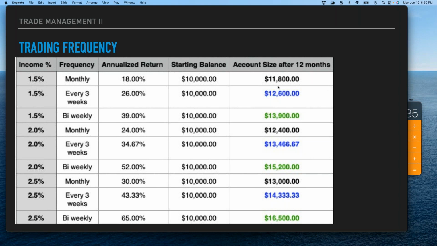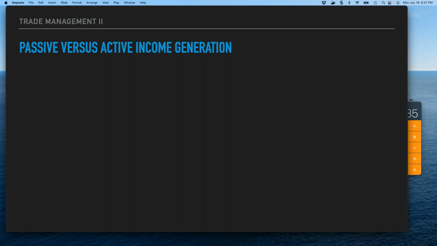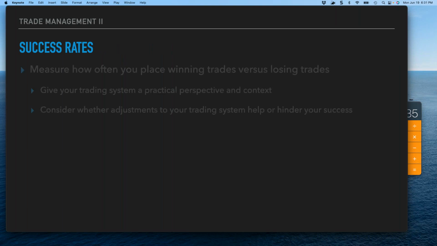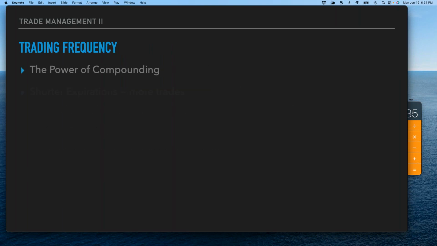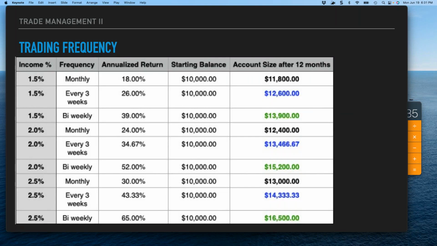If I have trades that expire every 30 days, and I'm averaging 1.5% return on those trades, then my expectation should be something... Sorry, I need to get to the screen I wanted, I apologize. I'm working with 1.5% average returns on my income trades, but I'm only able to recycle them every 30 days.